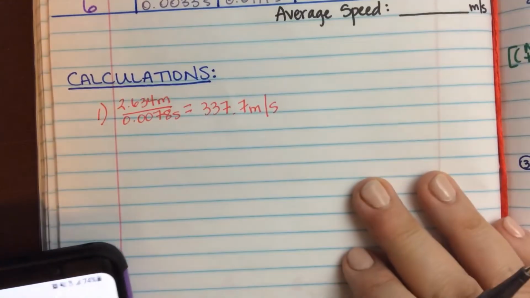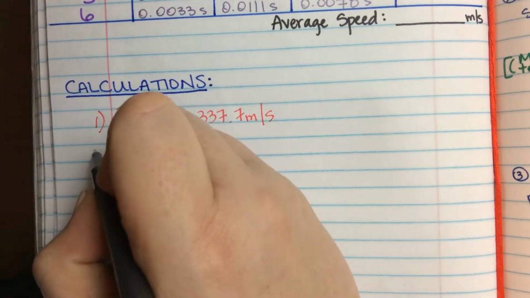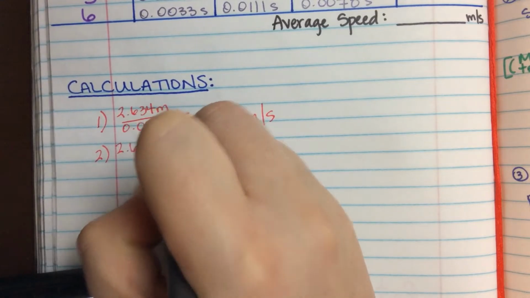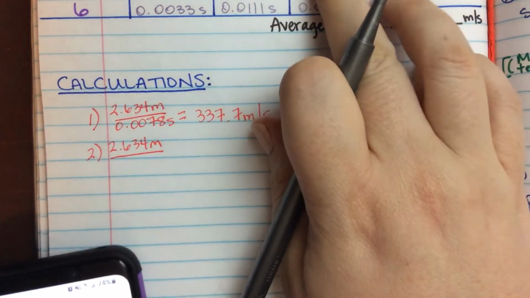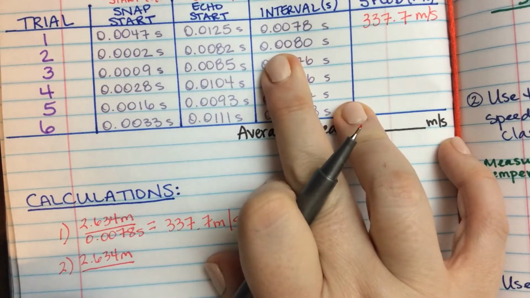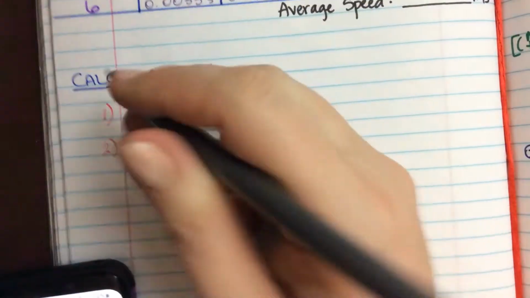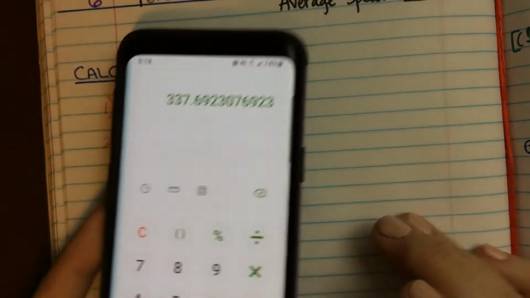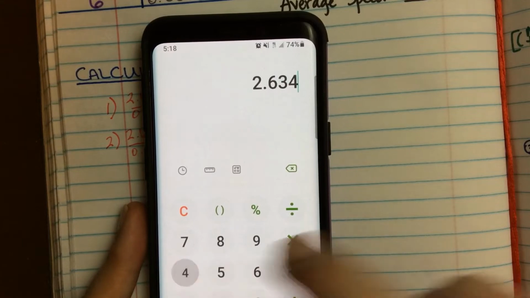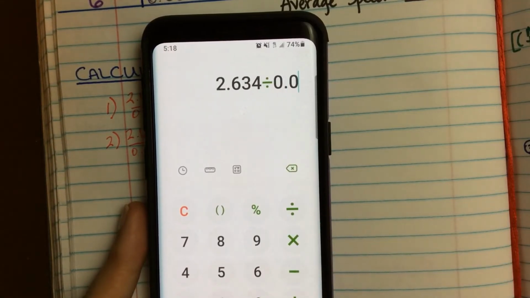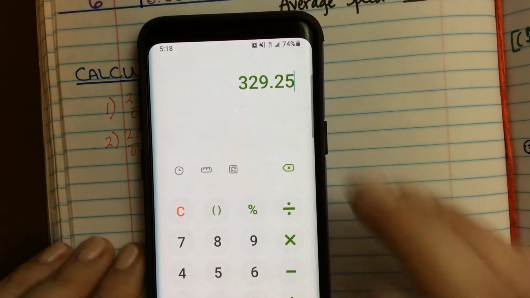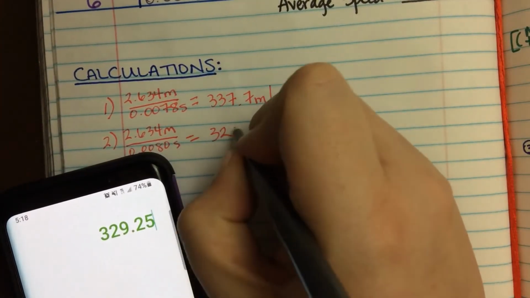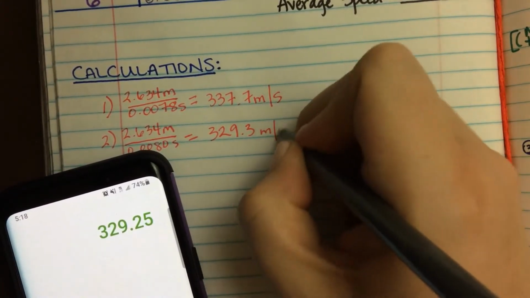All right, in my second trial, same distance, 2.634 meters. And this time I have a different time interval, which is 0.0080 seconds. And when I plug that in, I get 329.25, or again, I'm going to round to the tenths place and say 329.3.